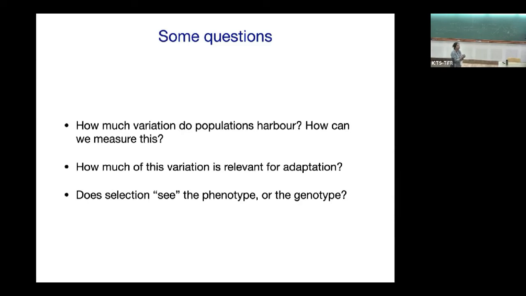Sorry? Change in allele frequencies. How will that help estimate genetic variation? More allele frequency change, more could be variation. Not necessarily, no? Why? The basis of having more variation.